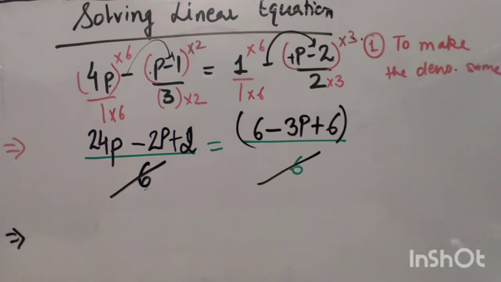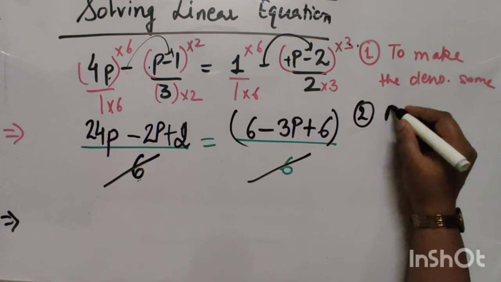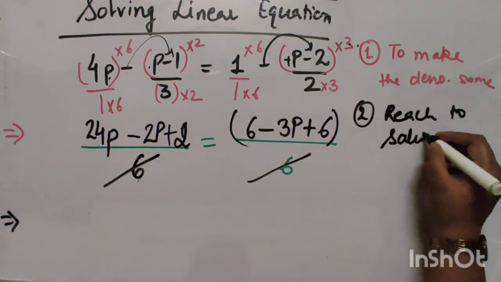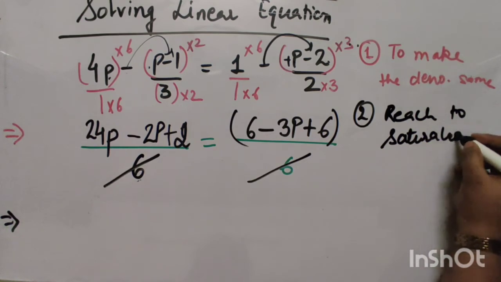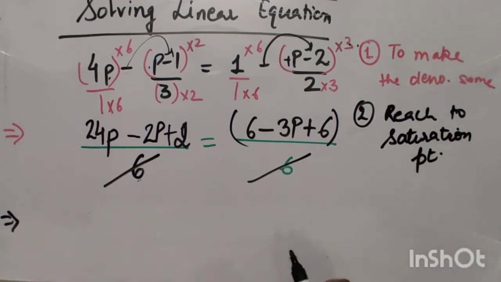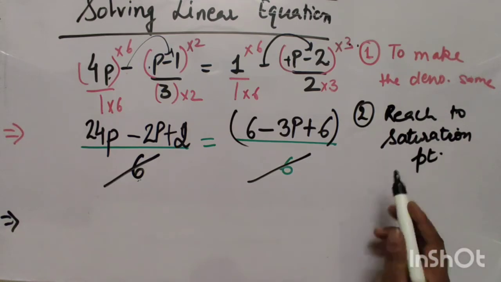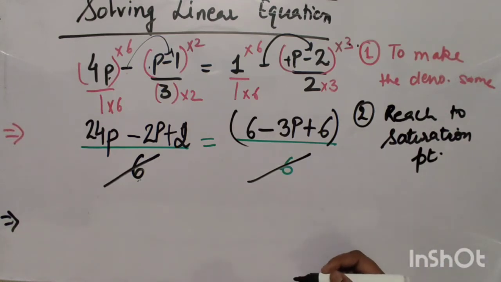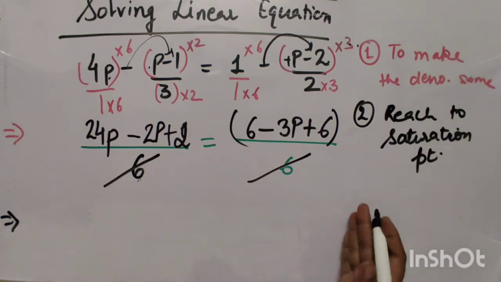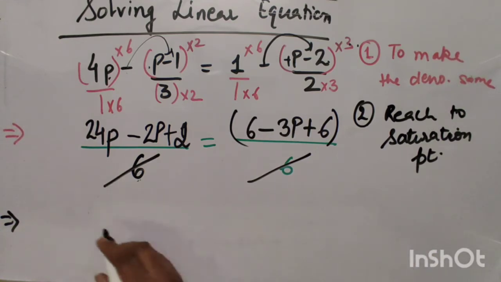Now rule number 2 says: reach the saturation point. What is saturation here? Saturation means we have to reach the condition when no more calculation is possible at both sides. I'll show you how.